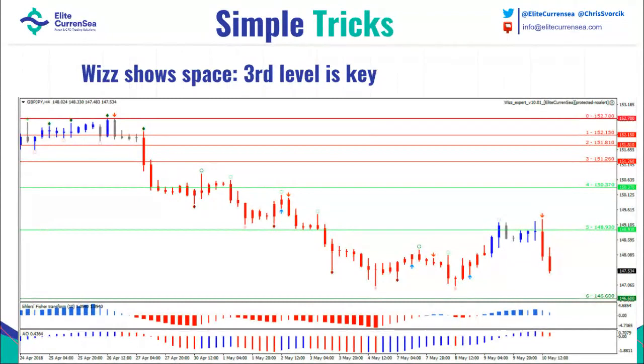Traders don't know why, because it still looks like a trend, but we do know why, because it's beyond a Wiz level, and it just needs to retrace, but it doesn't want to retrace. So there's this huge consolidation that happens often when it's very far, Wiz level 7, Wiz level 8 even. So Wiz is key. All right.